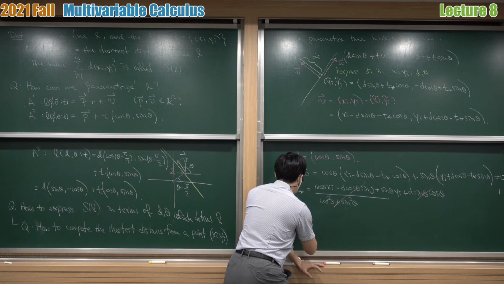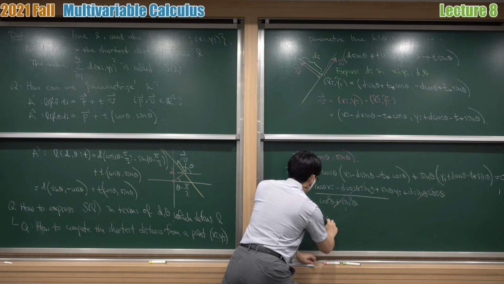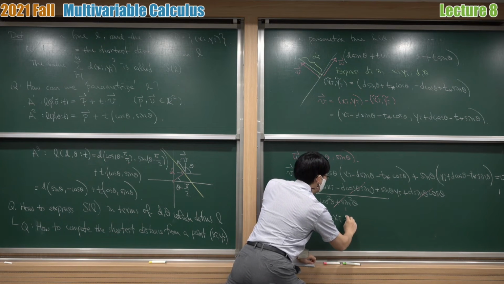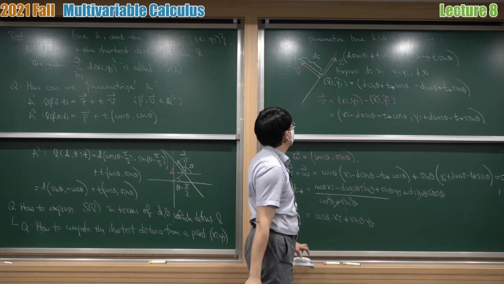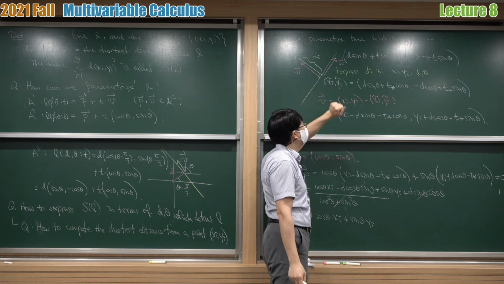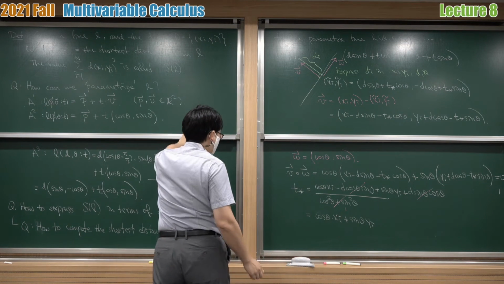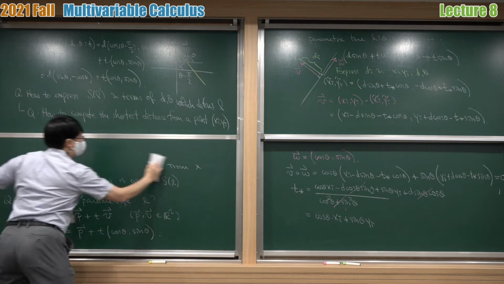So t star is nothing but cosine theta xi plus sine theta yi. So we found t star to define the actual xi tilde and yi tilde. And let's plug into the equation.